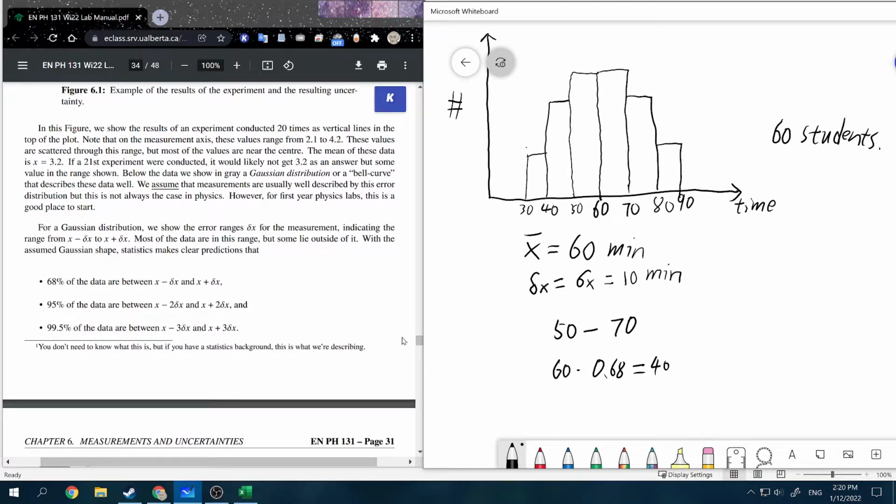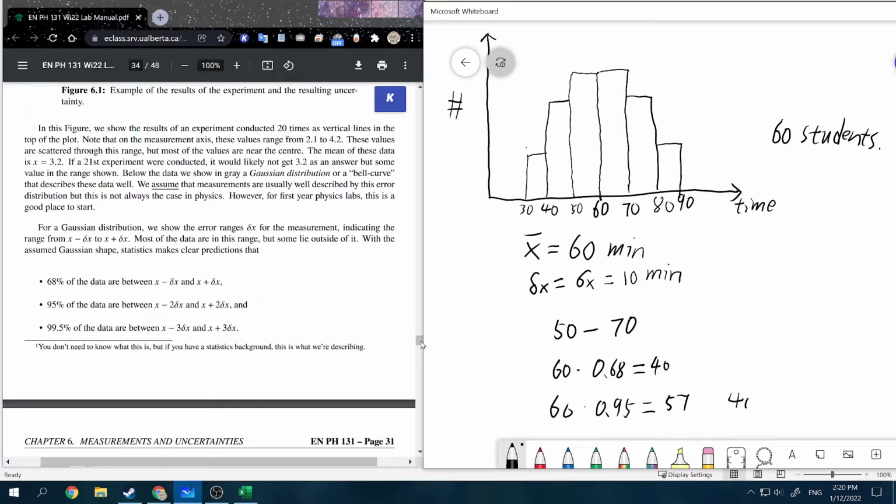And if you're 2 standard deviations away, that's 60 times 0.95, which equals, let's do the calculation, about 57 students expected to finish within 2 standard deviations, which is 40 to 80.